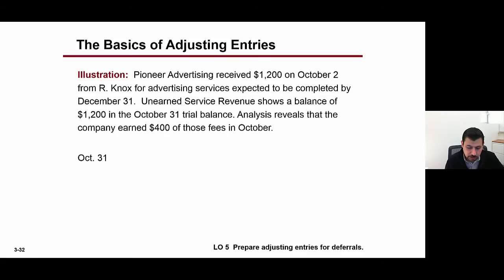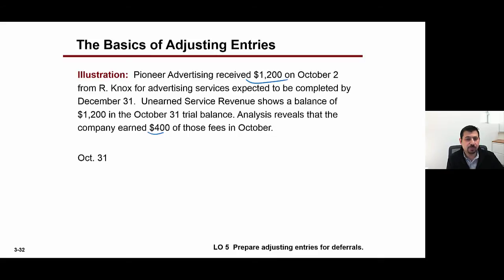So the original amount they received in cash was $1,200, and the original entry would include the receipt of cash, so cash was debited $1,200, and we had an increase in the liability account, unearned service revenue, for $1,200. By the end of the month, the analysis shows that the company has actually earned $400 of those amounts.